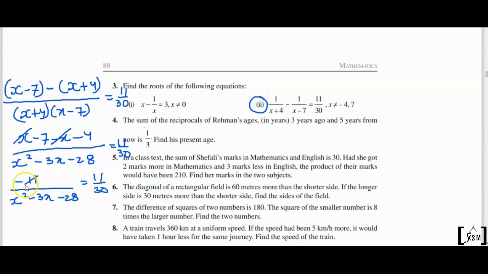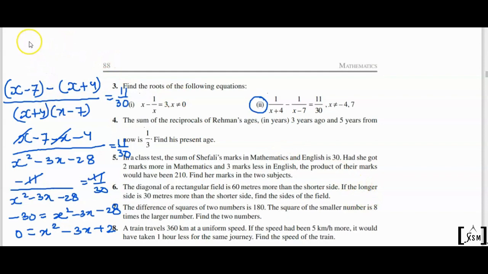Simplifying that, 11 on both sides can be cancelled, dividing both sides by 11, and then you do cross multiplication. So we get negative 30 equal to x square minus 3x minus 28, and simplifying that, minus 30 I bring to the right side, we get x square minus 3x plus 2. Minus 28 plus 30 will be plus 2.